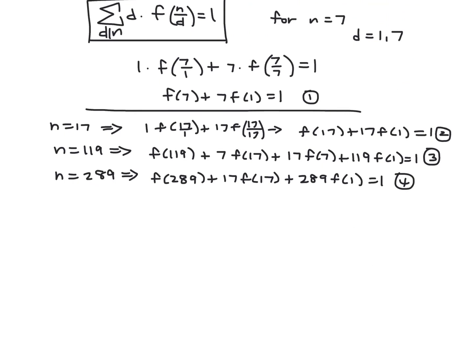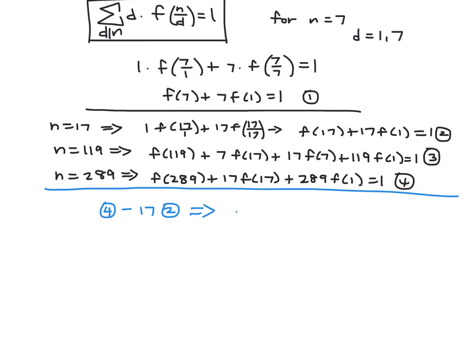2023. So let's see, if we take equation 4 and subtract from it 17 times equation 2, that will lead to f at 289 equals minus 16.